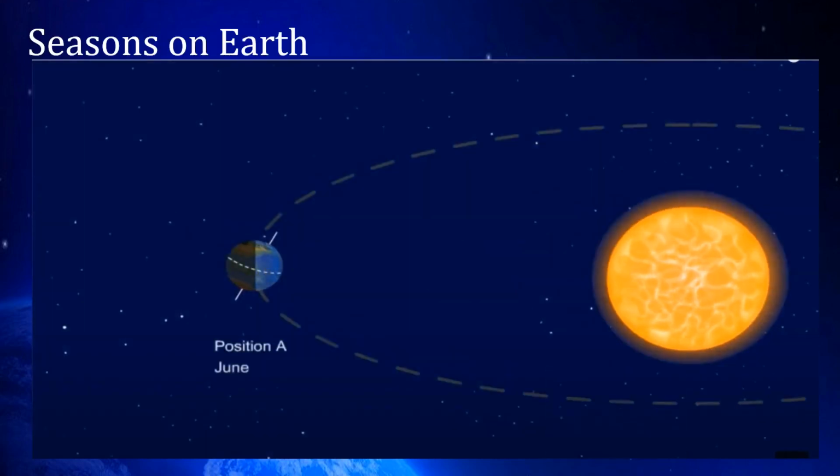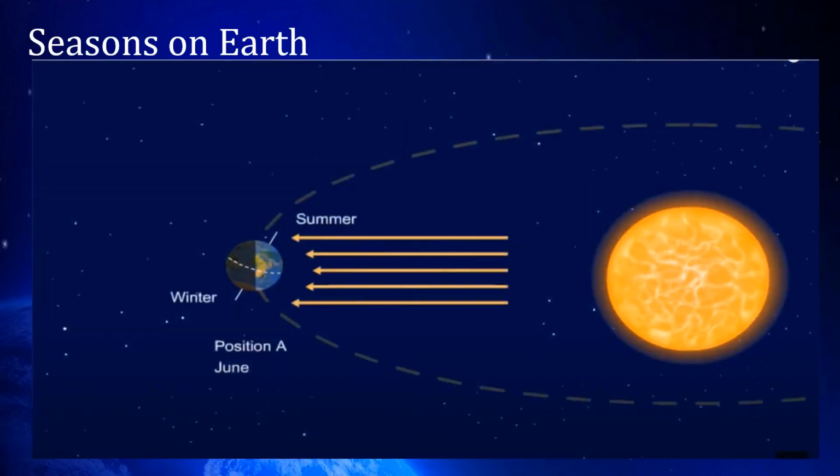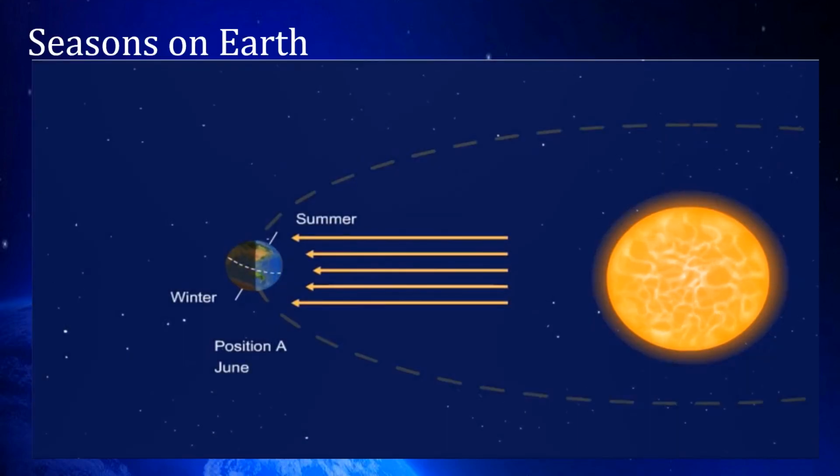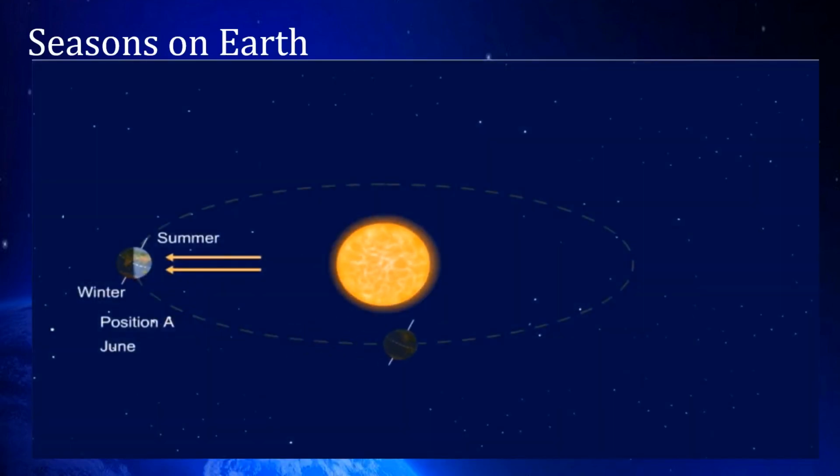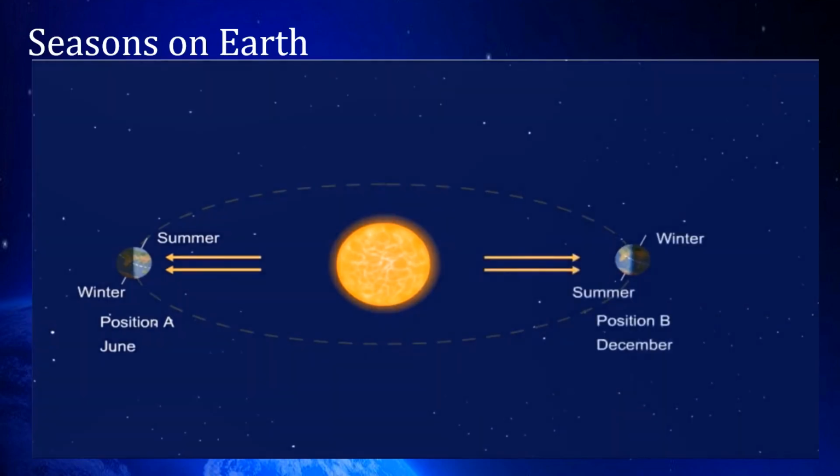Now children, do you know spring and autumn are the days where days and nights are of equal duration? See here children, in June when the north pole tilts towards the sun, it experiences summer, and conversely when the north pole tilts away from the sun, it experiences winter, and the southern hemisphere experiences summer.